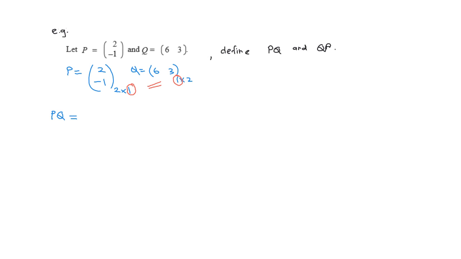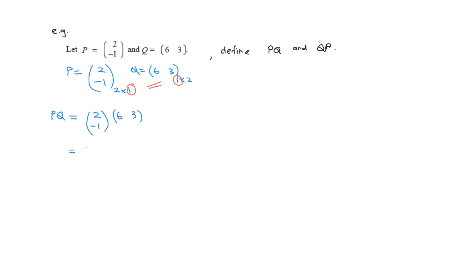PQ equals [2; -1] times [6, 3]. You have to multiply this row, this column, this row, this column, and this row, this column, and this row, this column. Order of the resultant matrix will be 2 by 2.